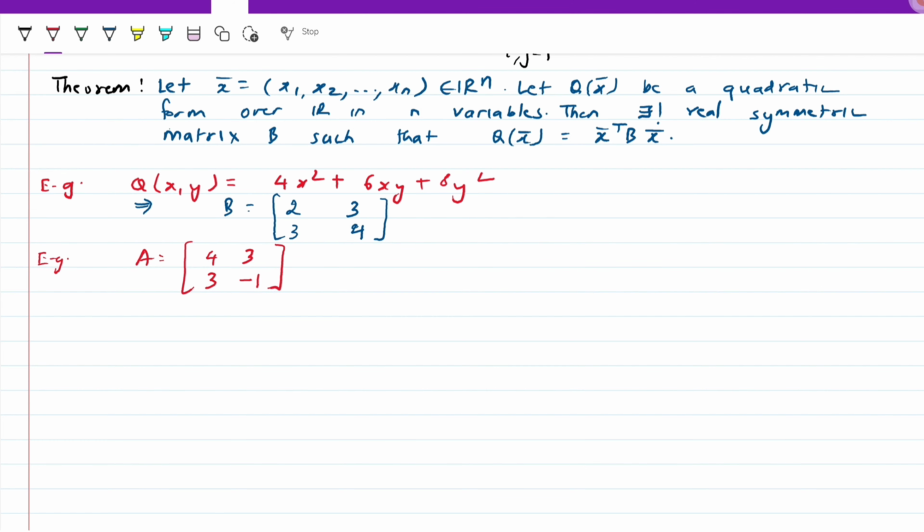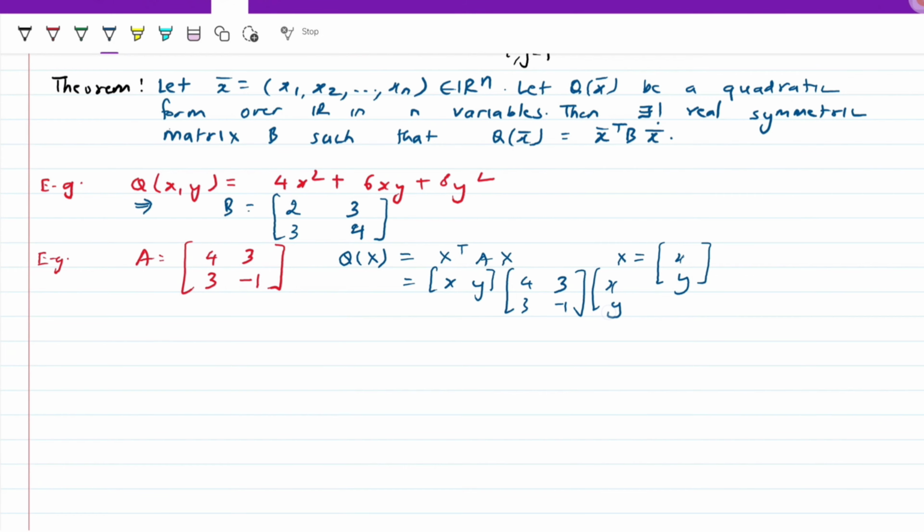So let's take A equal to a real symmetric matrix with entries 4, 3, 3 and negative 1. Then for this, the corresponding quadratic form q of x is going to be x transpose A x, where x is the column vector (x, y). So this is going to be the row (x, y) times the matrix with entries 4, 3, 3, negative 1 times the column (x, y). We first multiply the first two matrices.